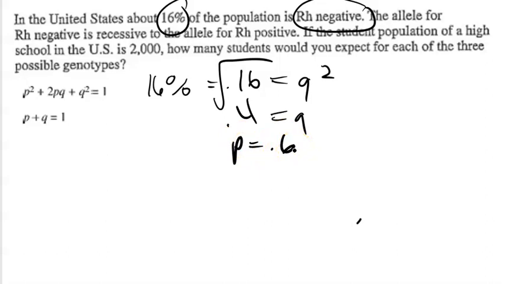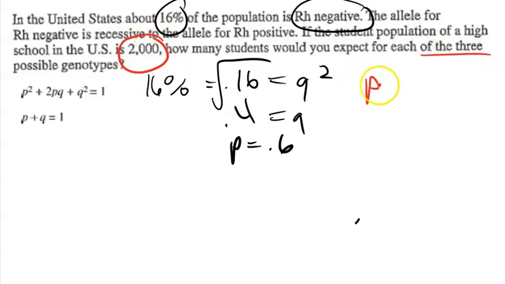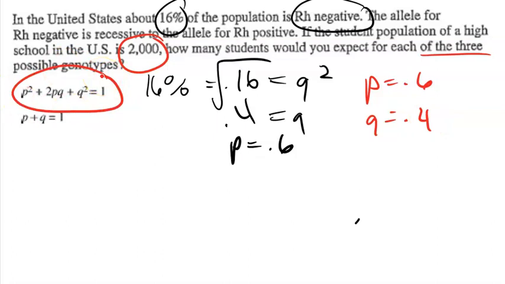And then we go back and see what they wanted us to do with this problem. If the student population in high school is 2,000, how many would you expect to see of each of the 3? Okay, so we're going to take P equals 0.6 and Q equals 0.4 and plug it into this equation here.